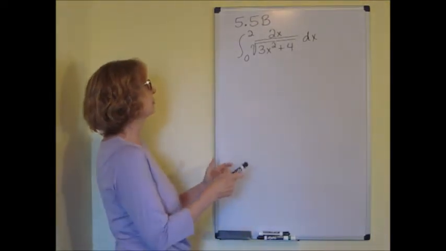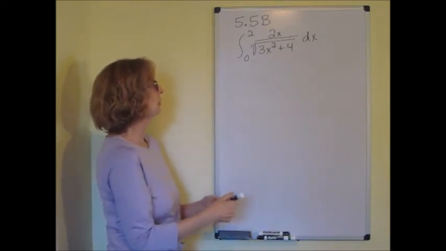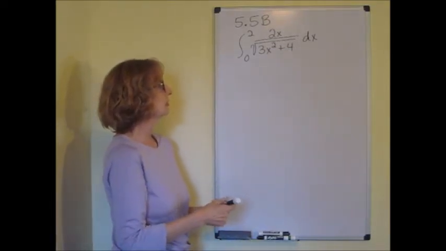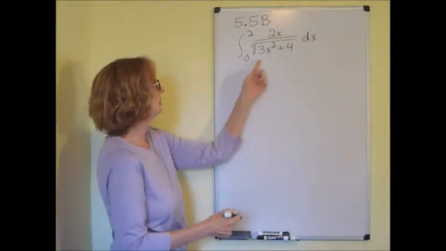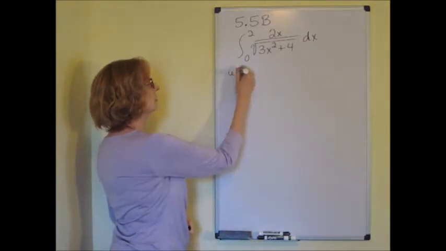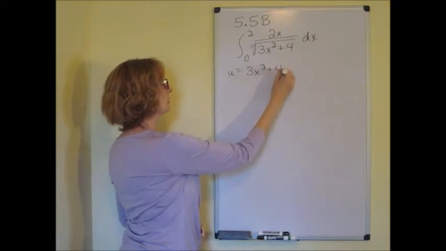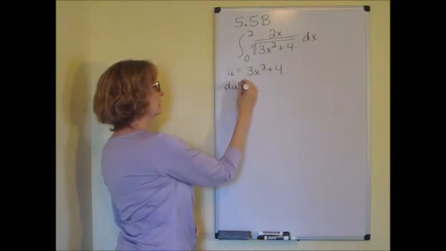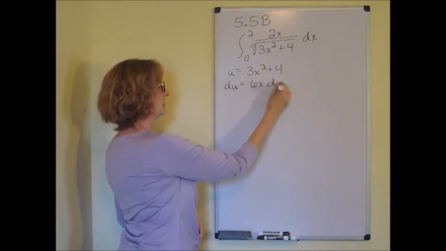I've got the integral from 0 to 2 of 2x over the square root of 3x squared plus 4 dx. I'm going to let u be what's under that radical. So if u is 3x squared plus 4, then I know that du is going to be 6x dx.